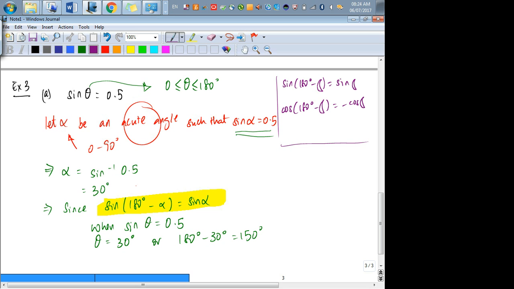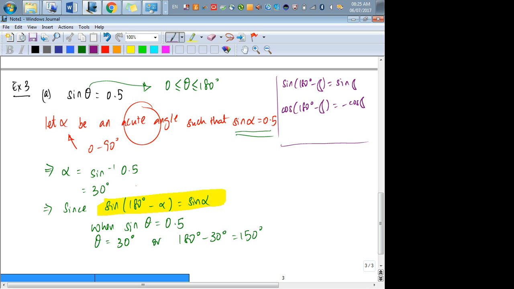Okay? Now, in our question, they say that sine theta equals to 0.5. And they tell you that theta lies between 0 and 180 degrees. So, theta can be an acute angle, it can be an obtuse angle. Okay? In the past, we have learnt only acute angles, and how we find the value of theta is just sine inverse 0.5. Then just press into your calculator. You realize that theta is equals to 30 degrees.